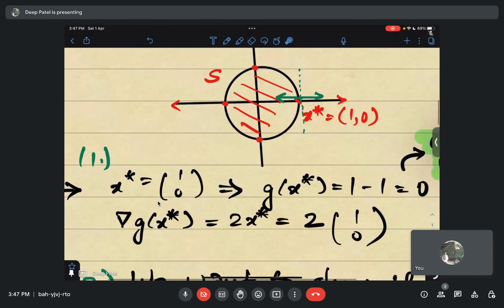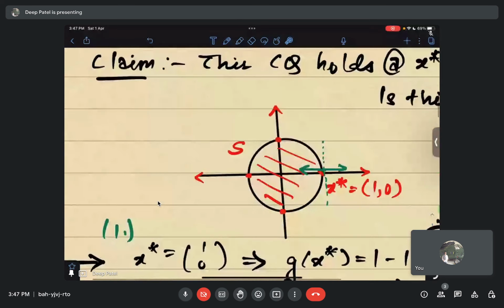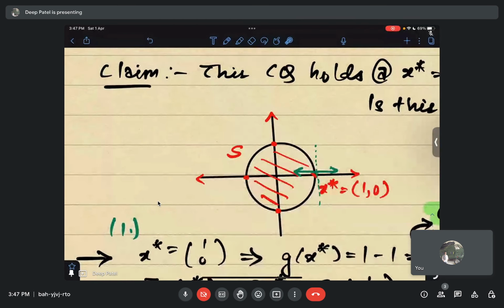Yeah, that's what I mean. I don't know whether I can get my head around that for this moment. A little bit stuck around this.